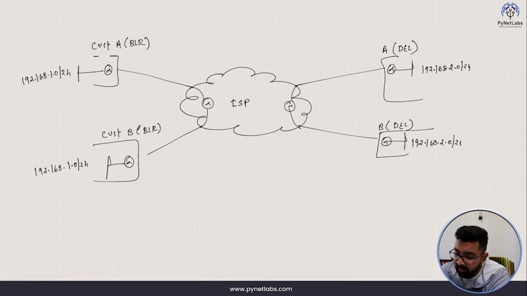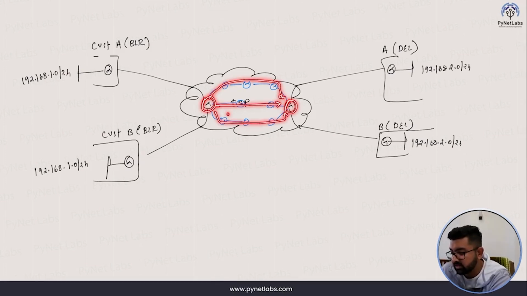And internally, the ISP routers will be connected using their own ways of communication, maybe this way. Right? So your traffic, in order to reach from Bangalore to Delhi, can take this path, this path, or this path. ISP is going to ensure that you have multiple paths in order to reach from one point to the other point.